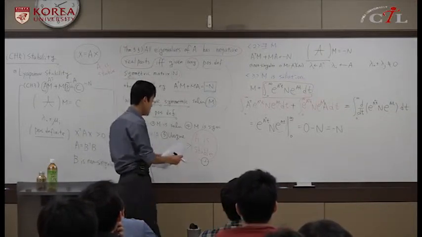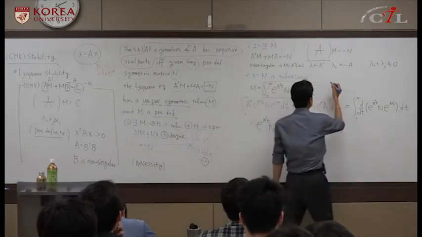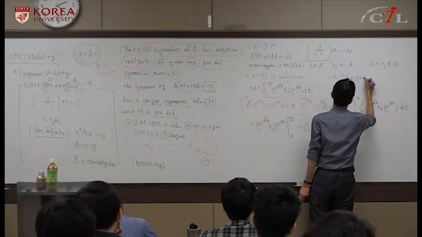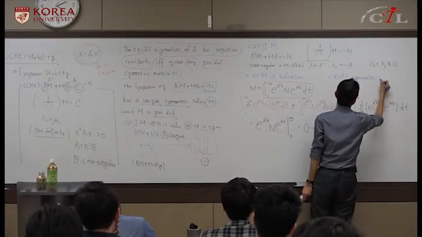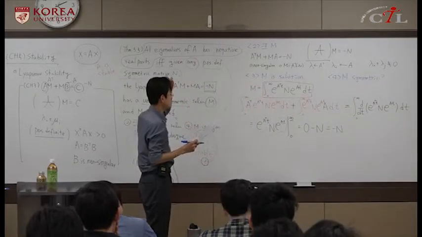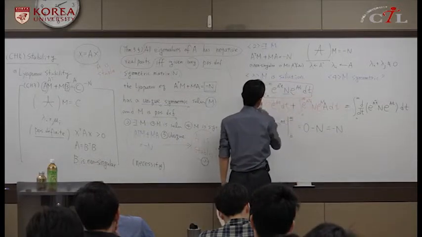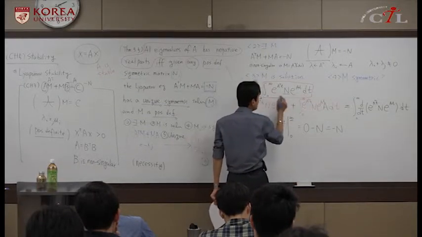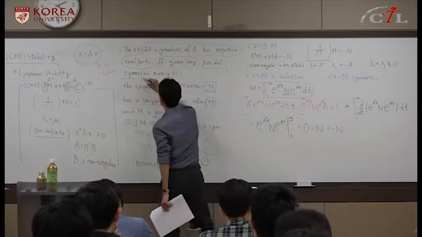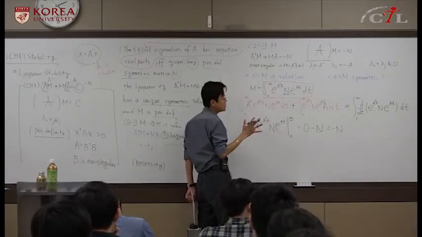And if we want to see whether M is symmetric, here N is symmetric. We selected M in this way. Here N is symmetric by the given condition. And this is a quadratic form, so it does not change the symmetric form.